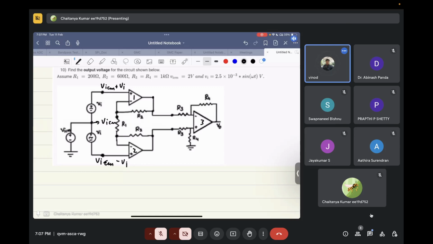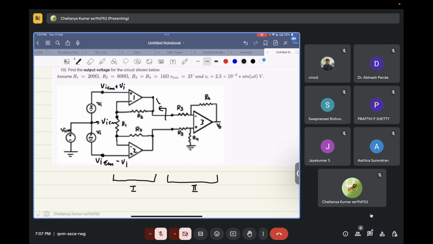Okay, sir. Yeah. Basically, it's a cascade of two stages. You can see it as a cascade of two stages. This is stage one, and this is stage two. Now, what is the output resistance looking from this side? It's the output of an op amp, right?